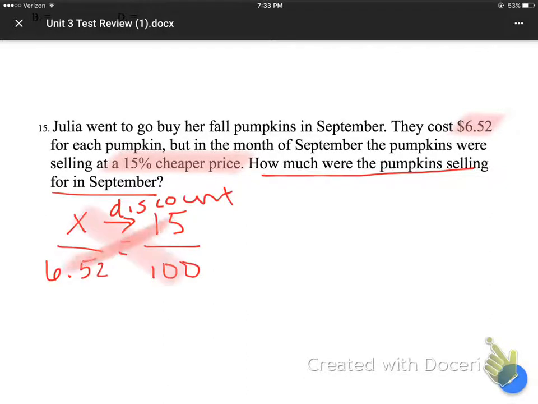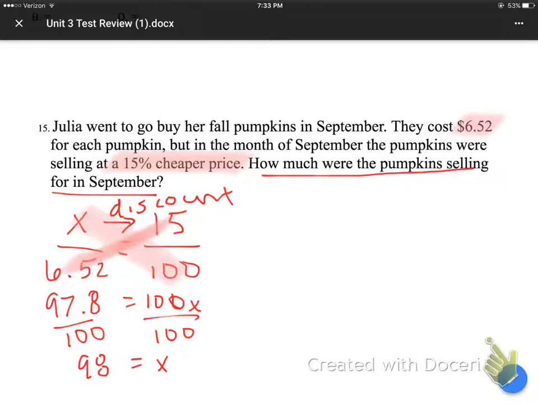So I can cross multiply, get 100X equals $6.52 times 15, which is 97.80. Divide by 100. You get that the discount is about 98 cents.